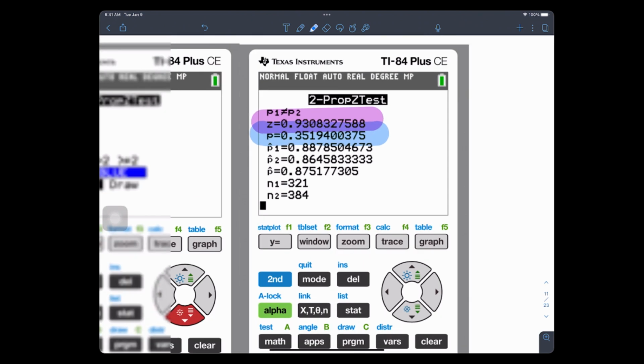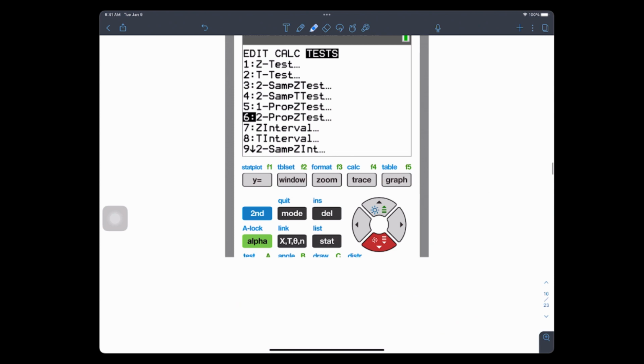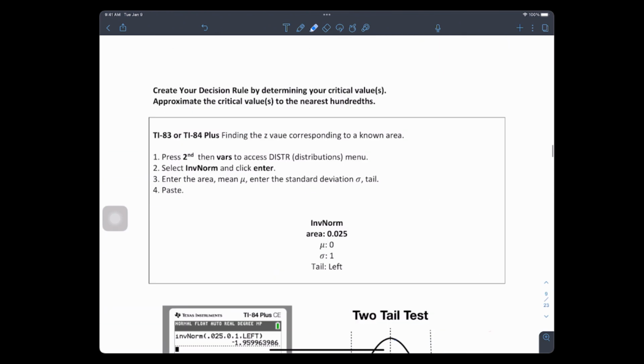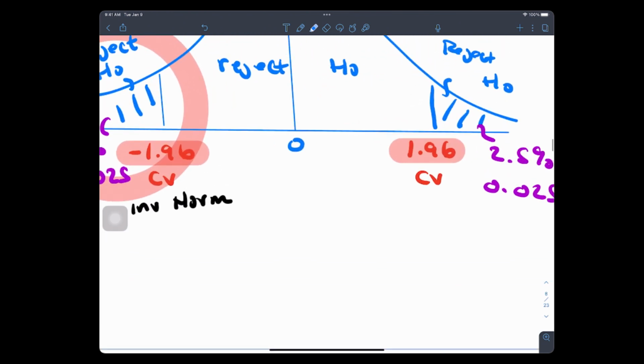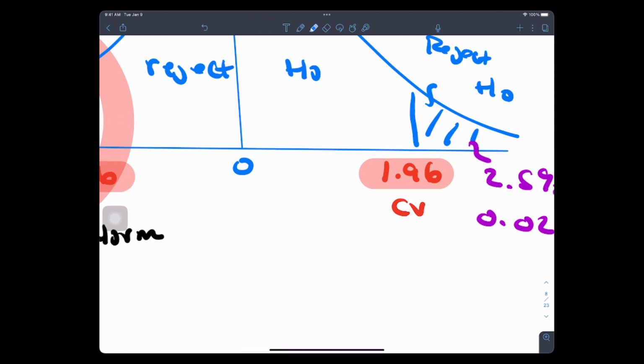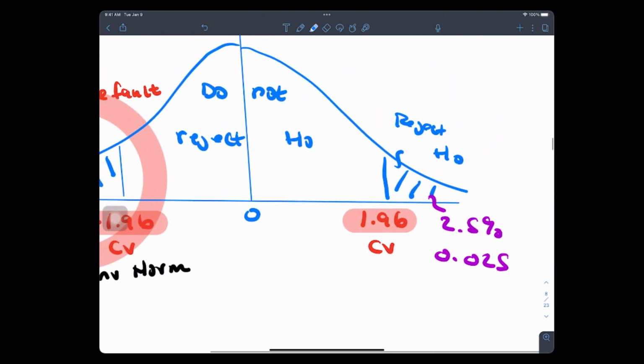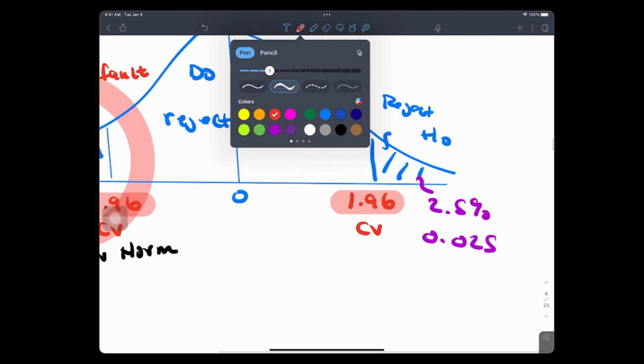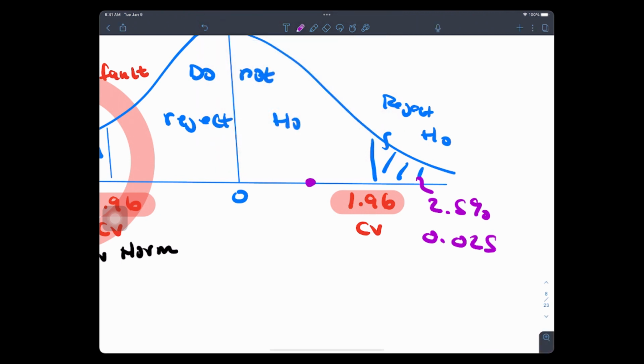Where's 0.93 in your decision rule? What do you guys think? Where's 0.93? Isn't it somewhere here between?